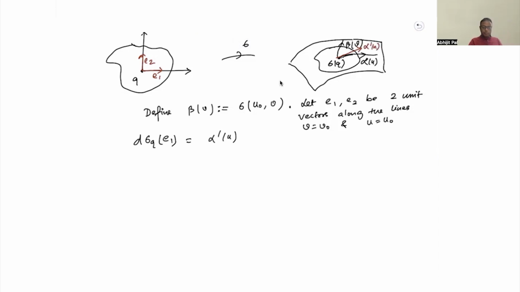So you'll get this alpha prime u. Similarly, if I take d sigma q of E2, this will be equal to beta prime b. Again, let us come back to d sigma q E1, which is equal to alpha prime u.